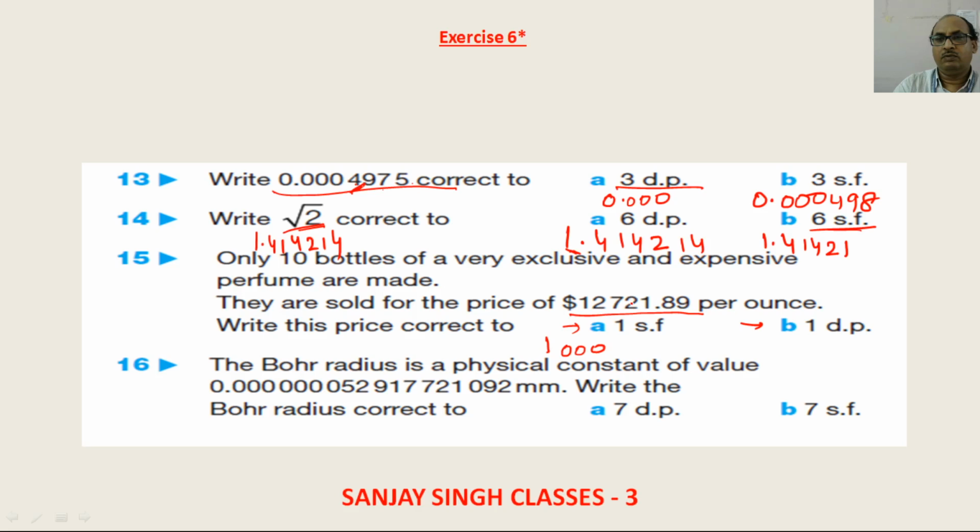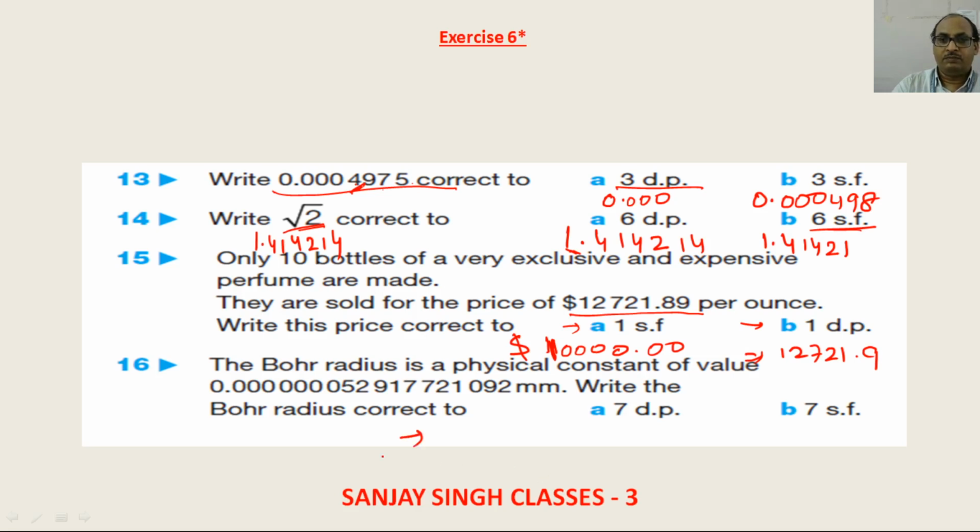So 40,000, and this one will be dollar. For 1 decimal place, then 12721 will be written as it is, and point, 8 will become 9.